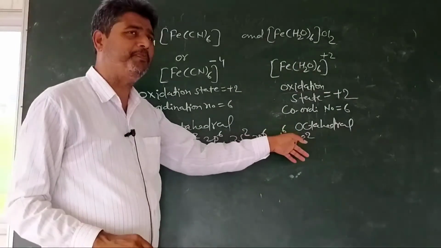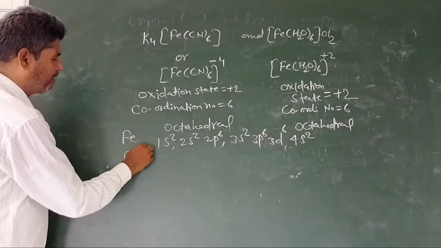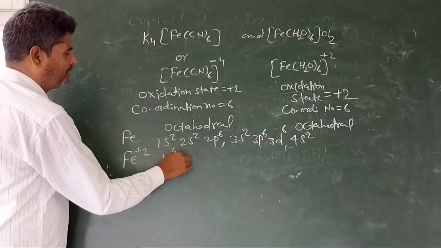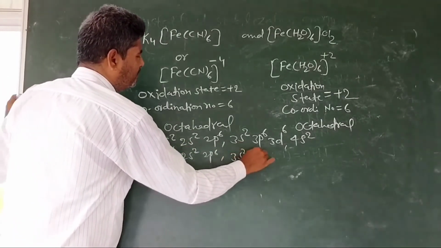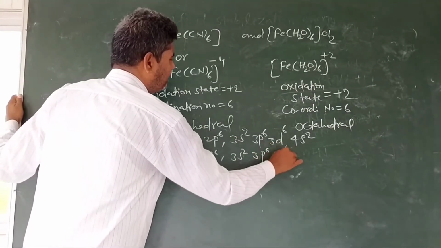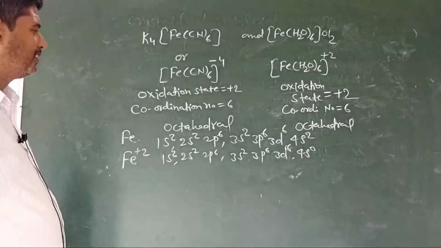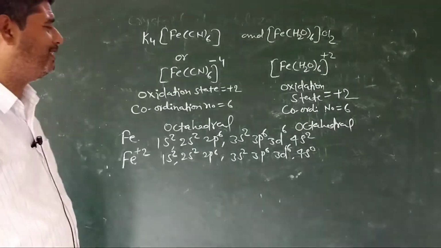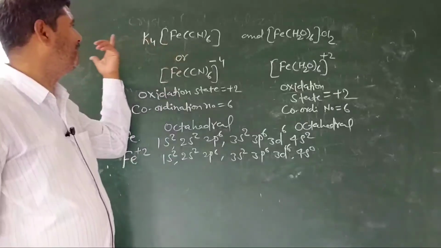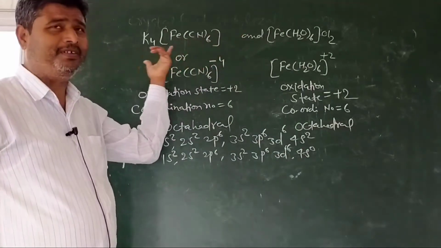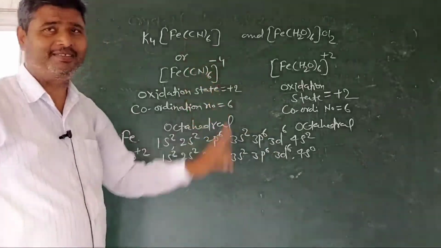The 2 electrons will be removed. For ferrous ion, Fe2+: 1s2, 2s2, 2p6, 3s2, 3p6, 3d6, 4s0. Now the number of electrons in the d orbital is 6. It means the given coordination compounds belong to the d6 system.